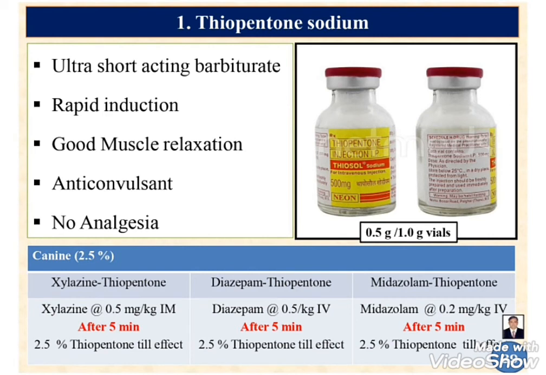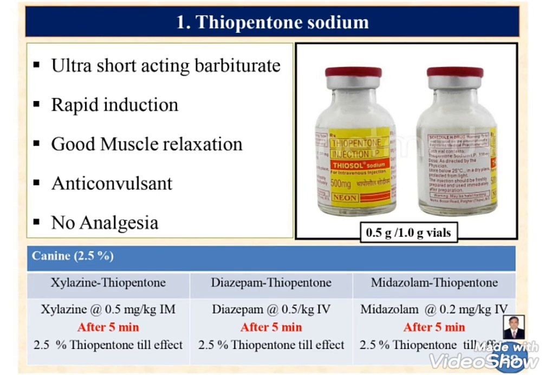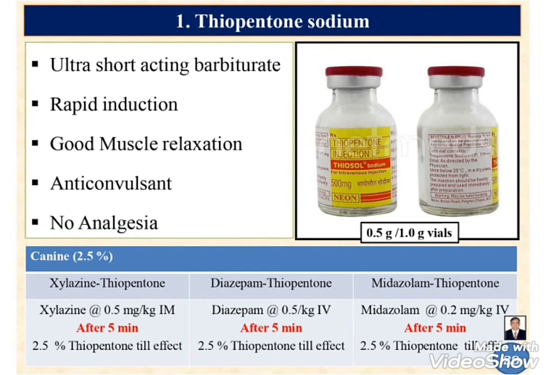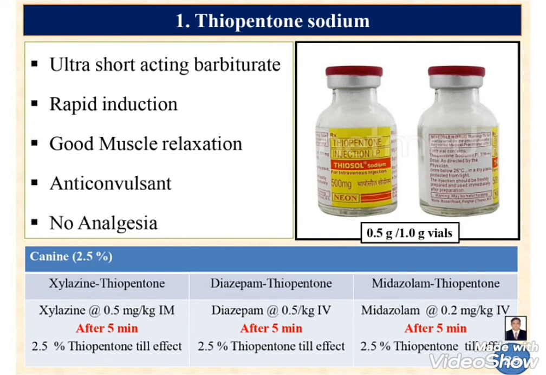So the duration of thiopentone is very short, generally a maximum of 15 minutes of work duration. Thiopentone gives rapid induction, which is an advantage. It gives very good muscle relaxation and works as an anticonvulsant because it is a barbiturate. But a disadvantage is that it has no analgesic property.